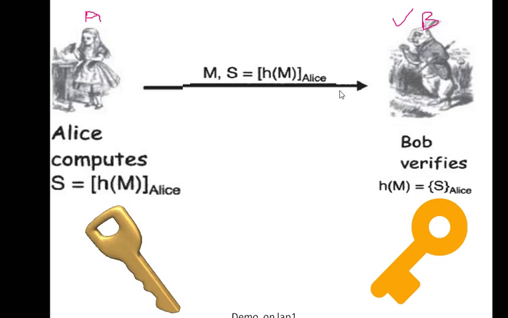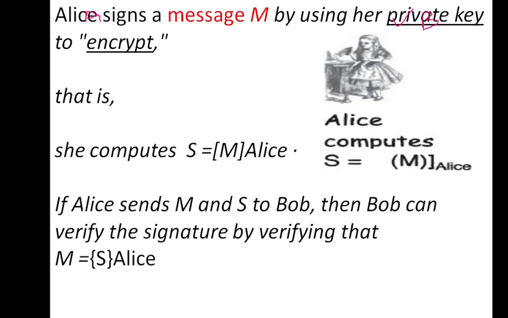Is it clear? Okay. The next one, the same steps are repeated here. Alice signs a message M by using her private key to encrypt. That is, she computes the signature S equal to the message with Alice's key.